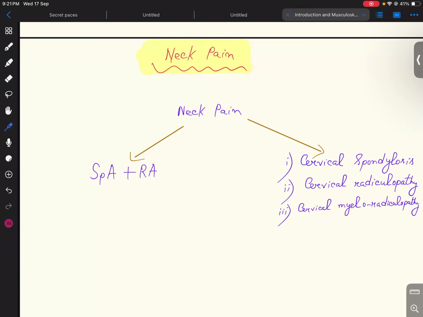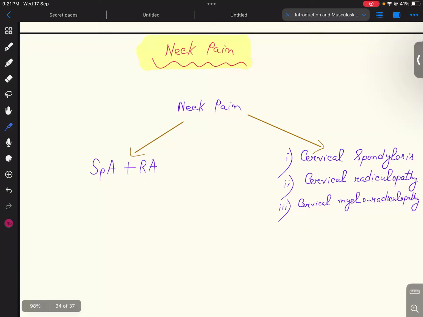After the Schober test, you have to do the heel to wall test and occiput to wall test. You have to tell the patient, can you please stand against the wall with your feet close apart. Then measure the distance between the occiput and wall and between the heel and wall with a measuring tape. This is very important.